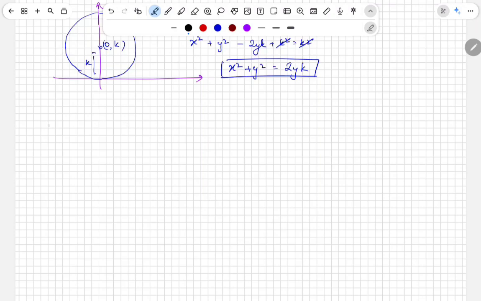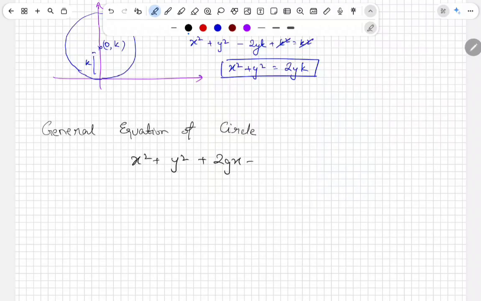Let's move on to the next topic, that is the general equation of the circle. The general equation of a circle is written as x² + y² + 2gx + 2fy + c = 0. The trick I use to remember it is that the general equation starts with g, so the term g is going to come in the equation.